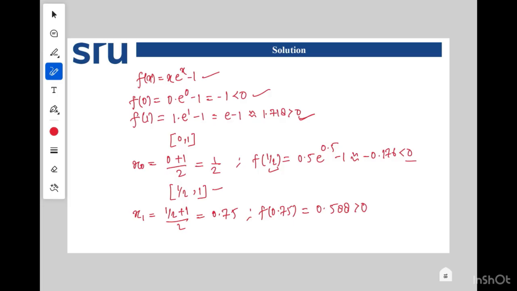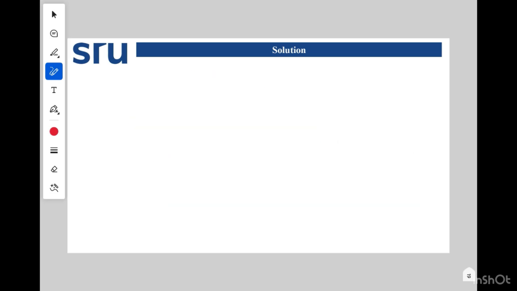Now at 0.75 it is greater than 0, and at 1 by 2 it is less than 0, so your next interval will be 0.5 and 0.75.